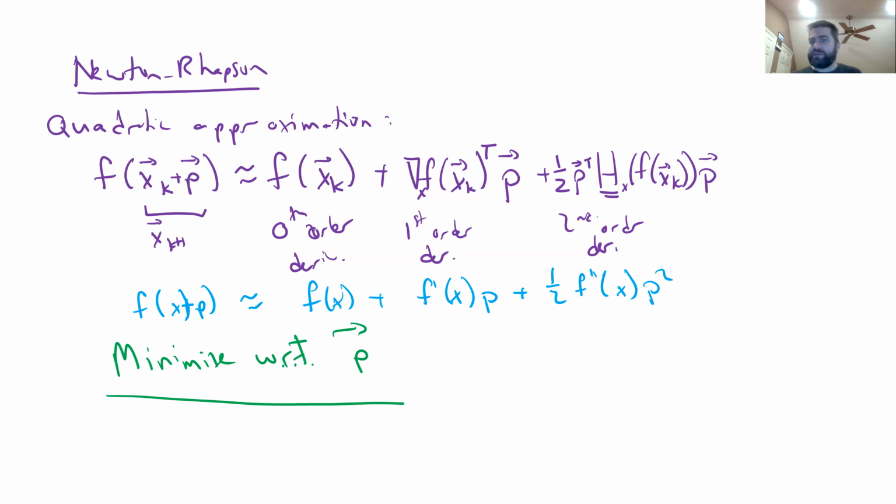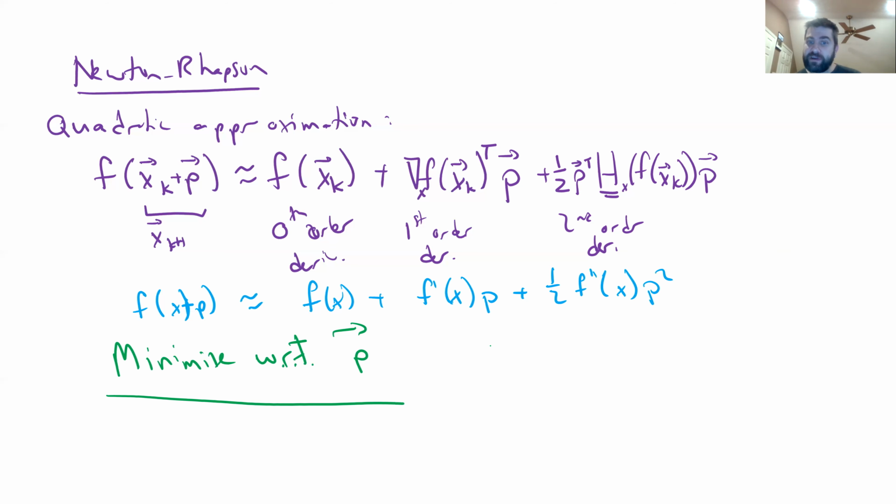Now, you might say, well, how does this help us? We were already trying to minimize a function. All you've just given us is another function to minimize. This helps us because this minimization can actually be done analytically. How do you find the minimum of a function with a single minimum?